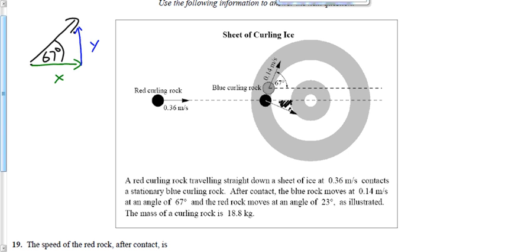The magnitude of that hypotenuse is 0.14 meters per second. We want to find an x component and a y component. The x component is the adjacent side, so we're going to use cosine. And the y component is the opposite side, so we're going to use sine.